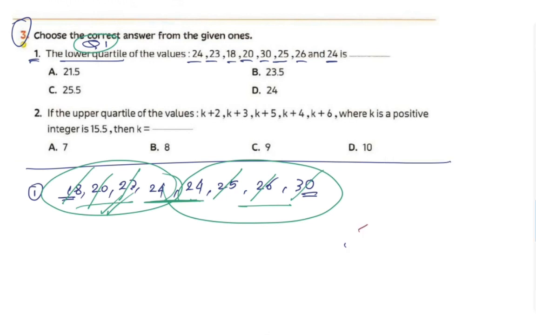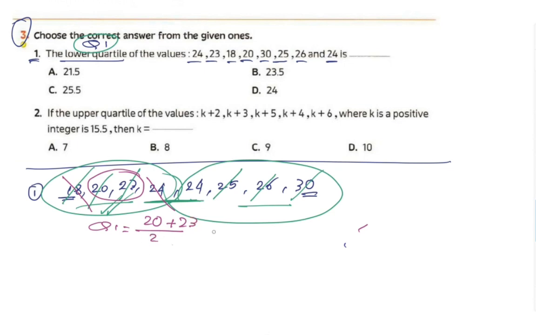We can delete 24 and 18. Now if you delete 20 and 23, there's no number in between them, so I will take these two numbers. So Q1 is in between 20 and 23.